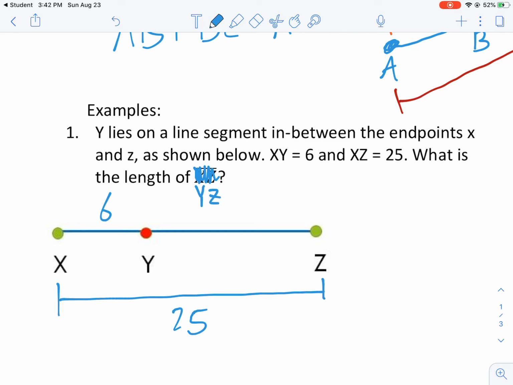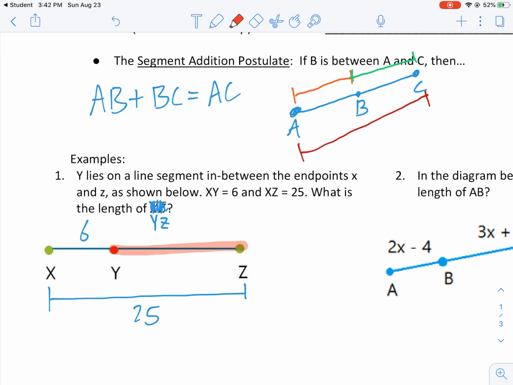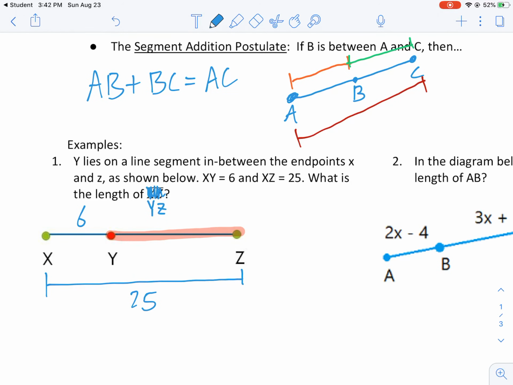So basically, they gave us one of the parts, and they gave us the whole thing. Now they want to know what is YZ. So we're going to create a little equation using the segment addition postulate. The first part is XY, so we've got 6. The second part is what we don't know, that's YZ.